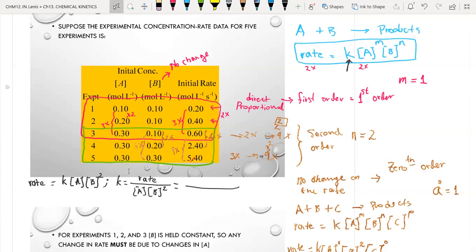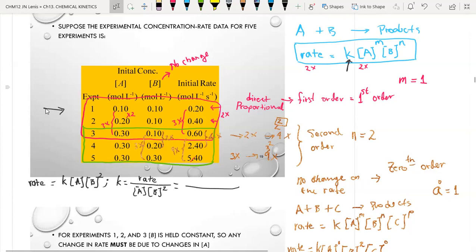I personally want to choose the first experiment. This one. I'm going to use these experimental values to find the rate constant. Again, you can choose any of those: 1, 2, 3, 4, or 5.